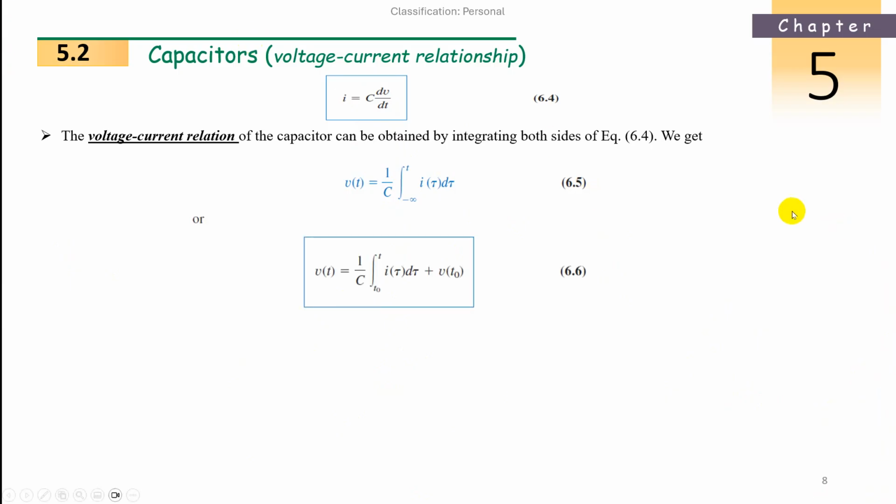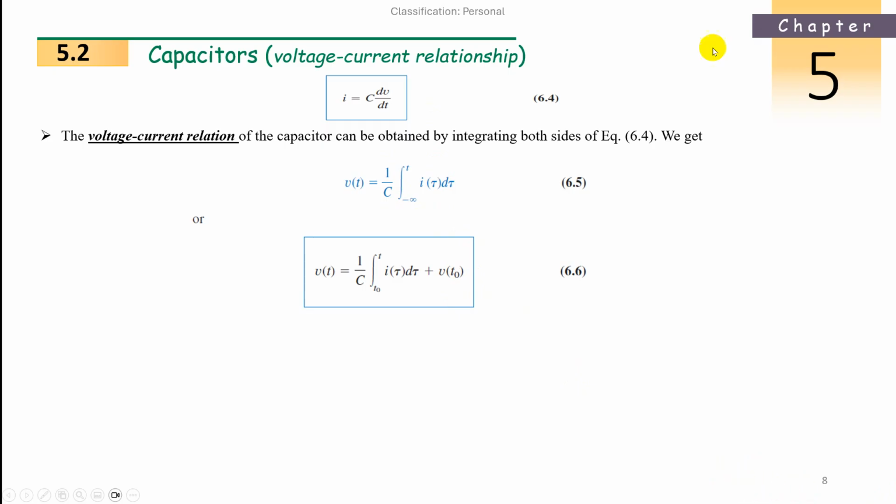Did you understand what I did here? Integrating: I dt, I take the C to the left side as 1/C, now integrate both sides, and dV becomes V of t. Then 1/C times the integral from minus infinity to the future time t of I d tau. Now, when it is minus infinity to t, we have to see the initial value condition.